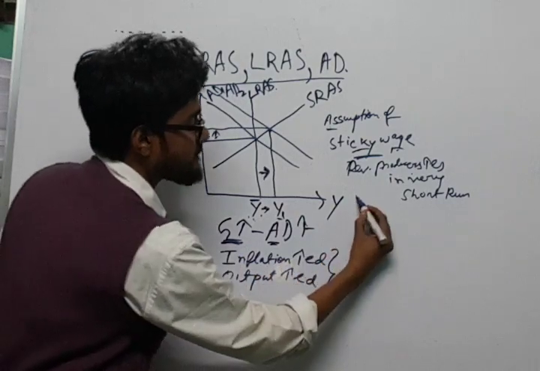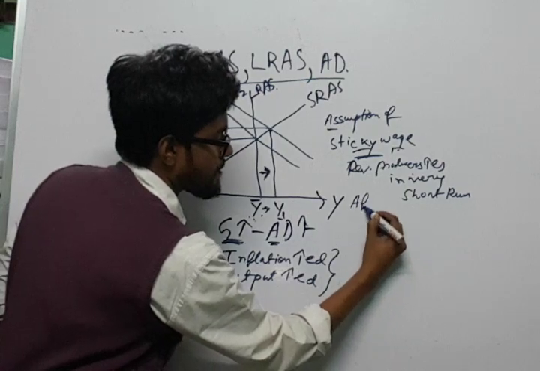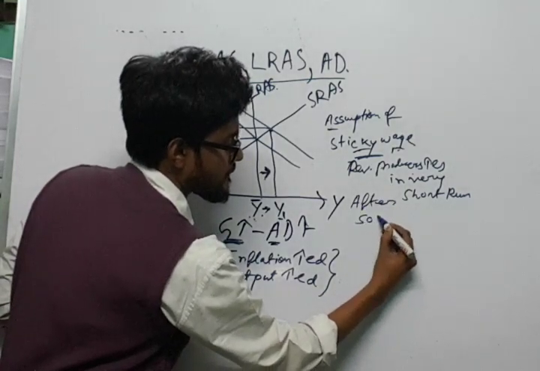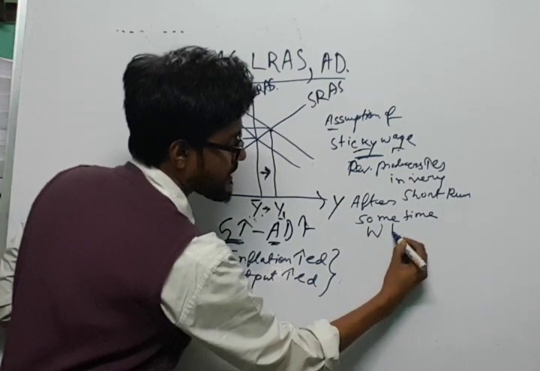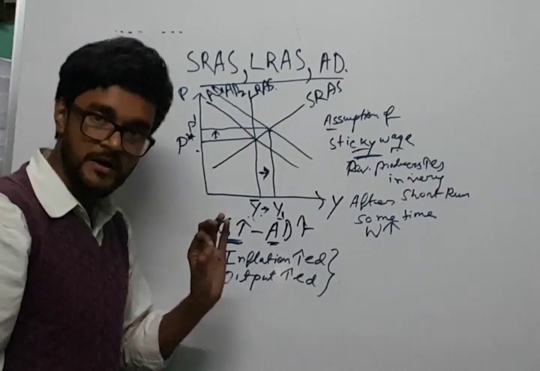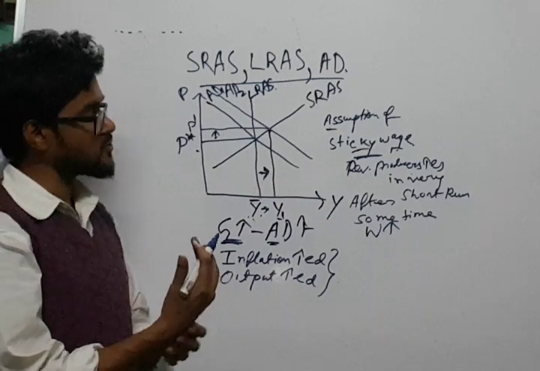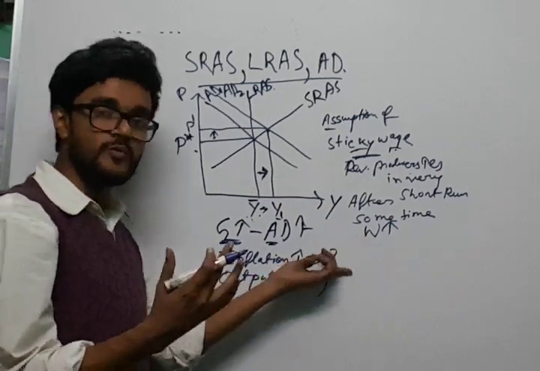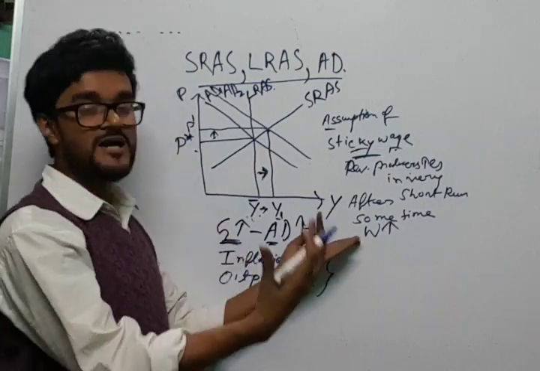That is, after some time, the wage rate will increase. Wage is a factor needed for production, so when the wage rate increases, the cost of production increases.